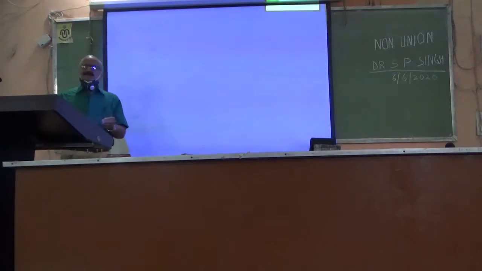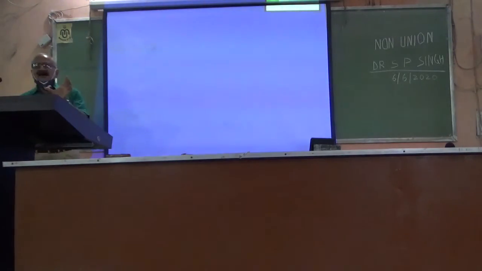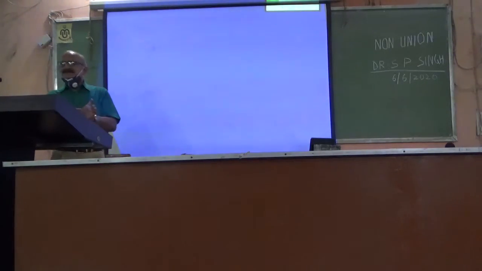A case can very well be one where I am thinking it should unite, but given time, given better fixation, it may turn out to be a non-union. So long as I am harboring this optimism, I will call it a delayed union. And the moment the surgeon thinks that probably this is not going to unite, I need to do something.